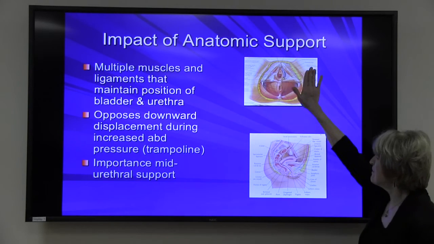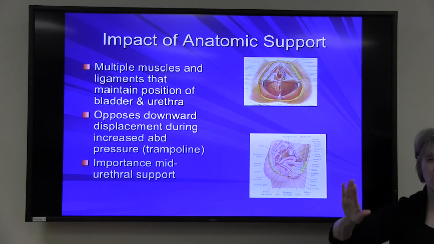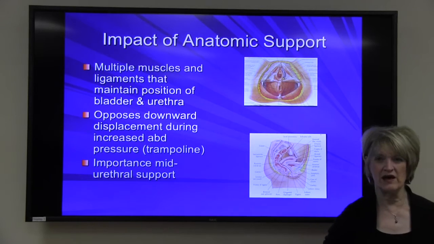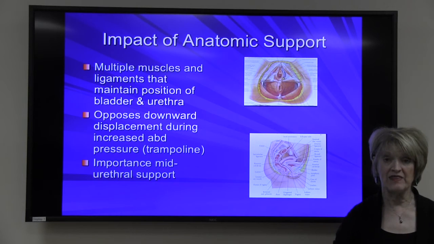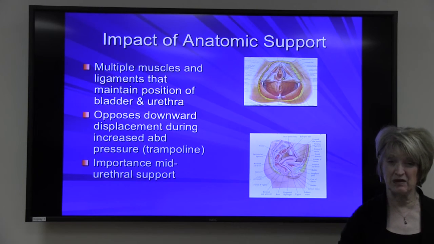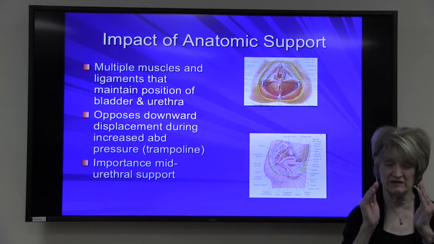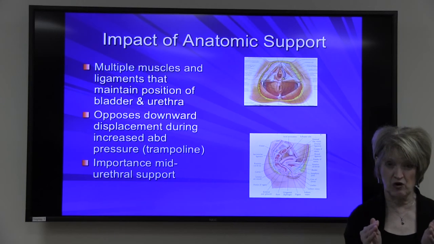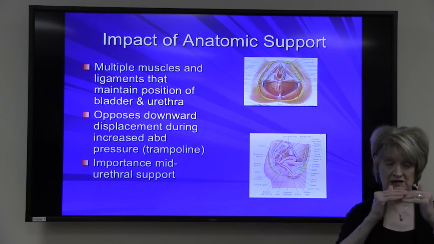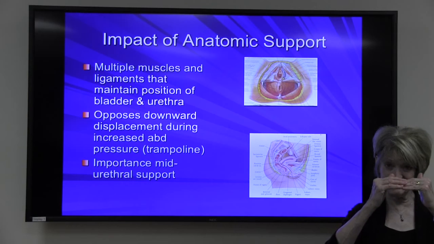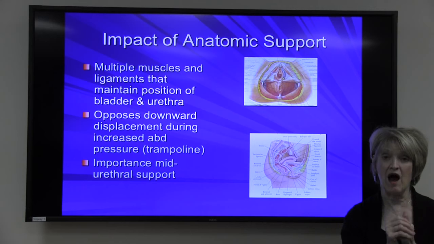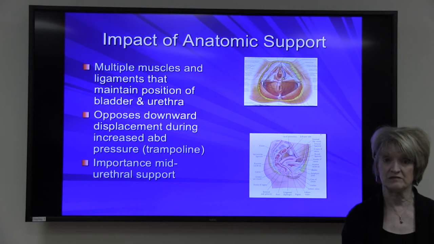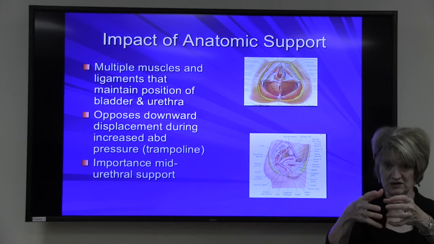So when we talk about the pelvic floor, what is that? Well, it is a combination of structures. You've got muscles, you've got ligaments that help to maintain the bladder neck, the vagina, all in appropriate position. As long as the bladder stays in position and the urethra stays in position, you get optimal sphincter function. Because remember, what is the sphincter muscle trying to do?